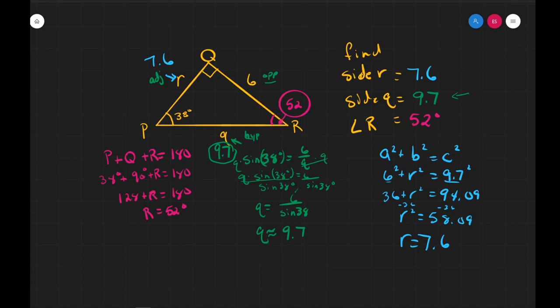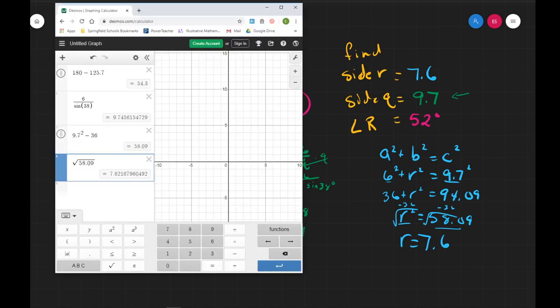So then I wanted to solve for R, so I squared both 6 and 9.7, got these two numbers. Subtracted 36 from both sides, and got that R squared equals 58.09. Taking the square root of R squared and of 58.09 gave me that R was equal to 7.6, which is how I got the length for R.